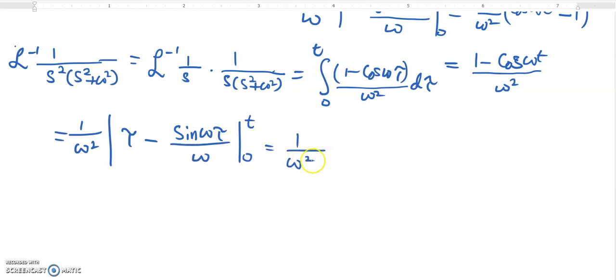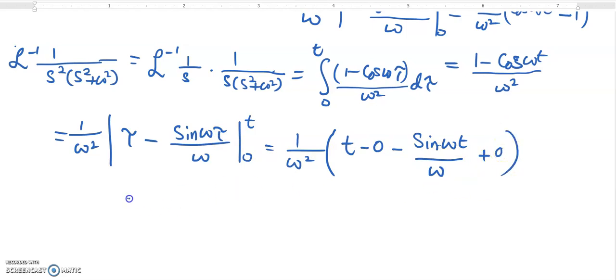So 1 over omega square, it will be equal to tau is t, and then minus 0, and then minus sine omega t over omega, and minus minus plus, and sine 0 is 0. So now we will get t over omega square minus sine omega t over omega cube. So this will be the Laplace inverse of this function, okay, t over omega square minus sine omega t over omega cube.